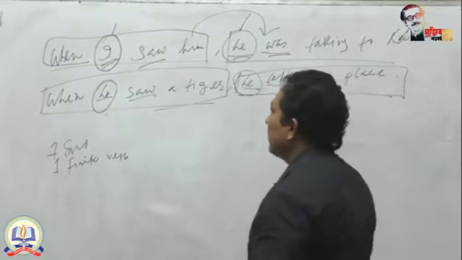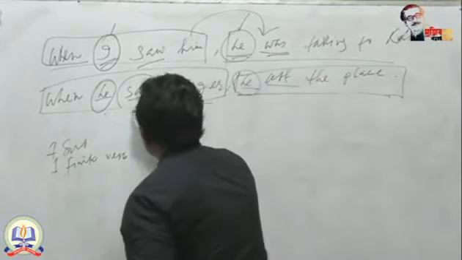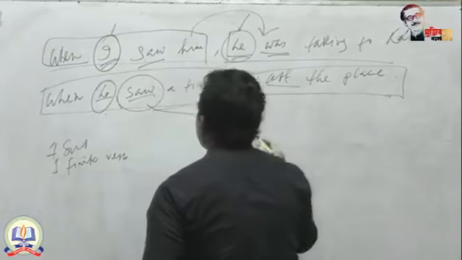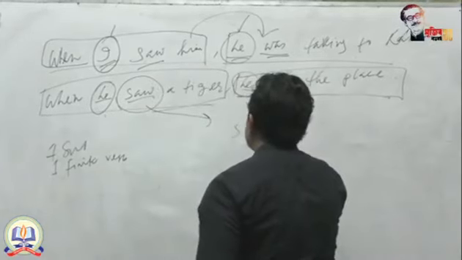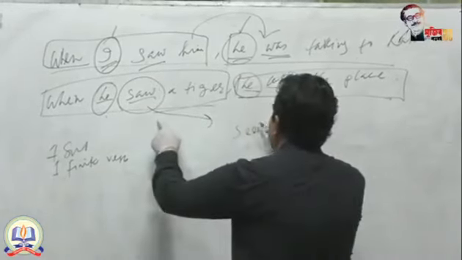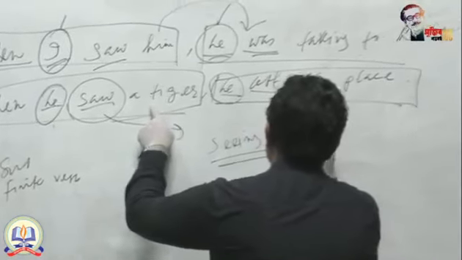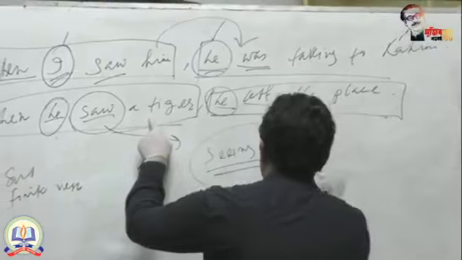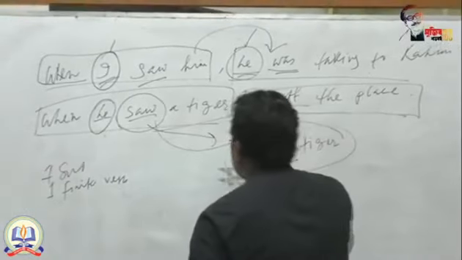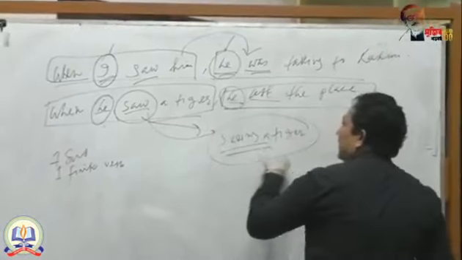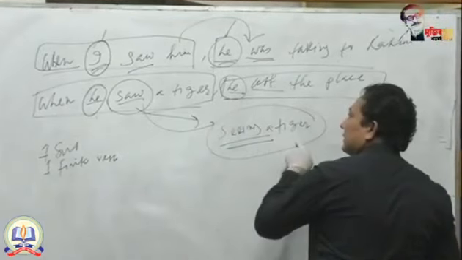What will you do then? You will convert the finite verb into non-finite. I told you, you can write down seeing a tiger. This subordinate clause is turned into a phrase, seeing a tiger.